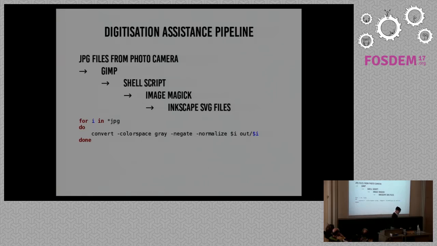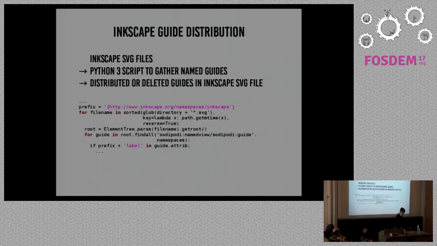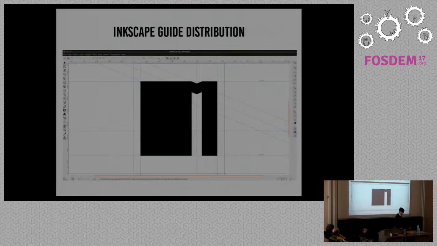Then from this, we started designing characters in Inkscape. And after designing a big load of characters, we wanted to import these into FontForge, not manually, but with a script, of course.